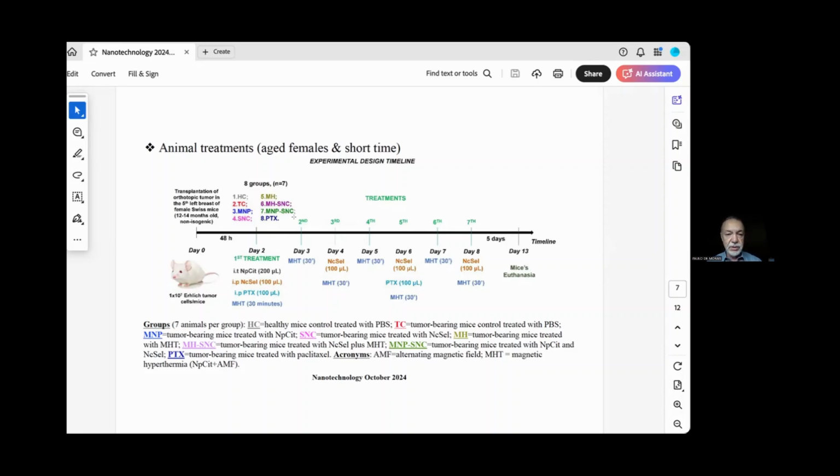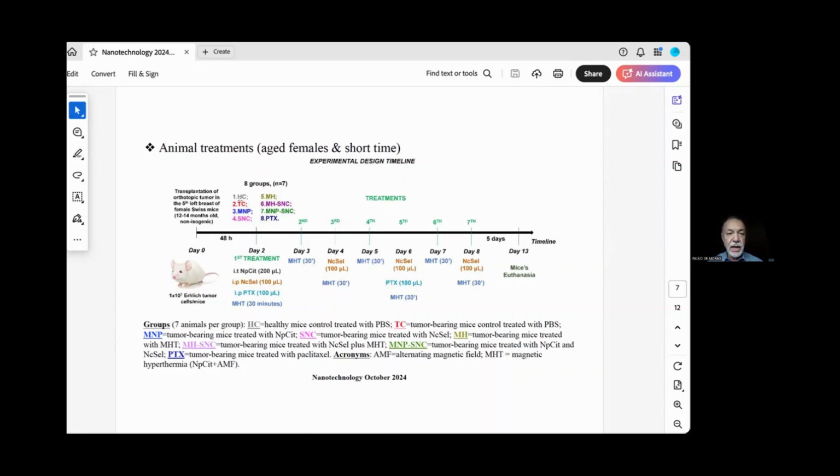We performed different treatments. The first animal group was the healthy group, no implantation of tumor. The last group was implanted and treated with a standard chemotherapy agent, Paclitaxel. This is a control group in terms of the animal planning.